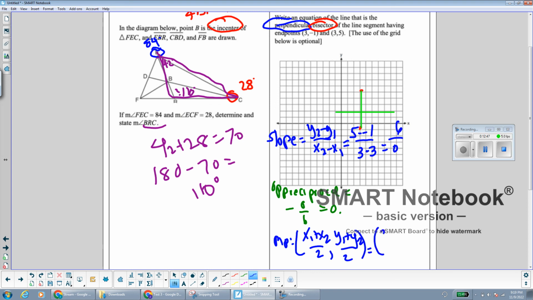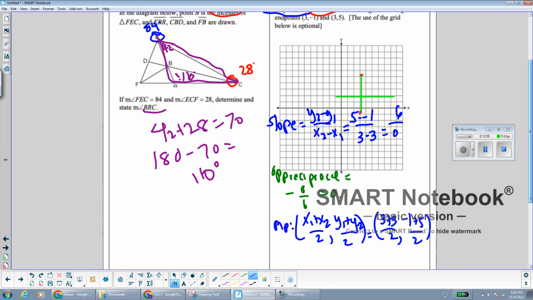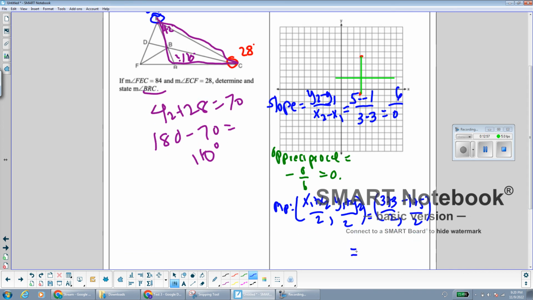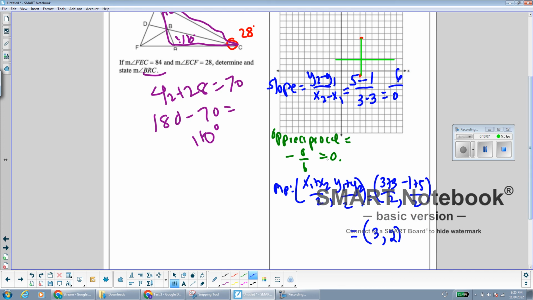So that would be 3 plus 3 over 2, negative 1 plus 5 over 2. And that would be 6 over 2, which is 3, 4 over 2, which is 2.